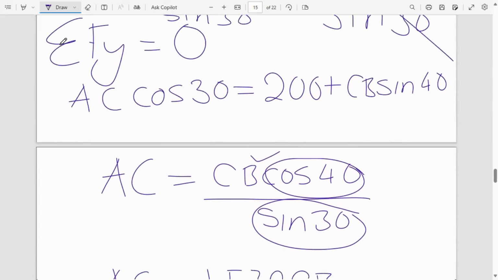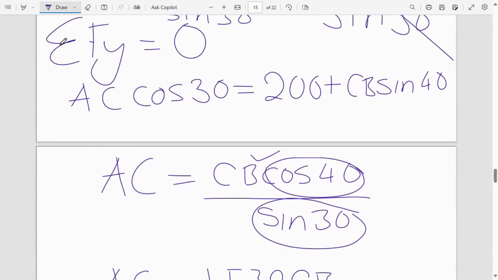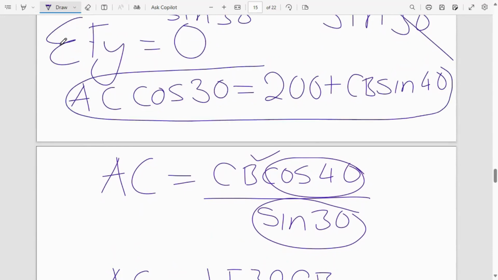So this is the value of AC. I can plug it into the equation we had in the y-axis, where there's AC.